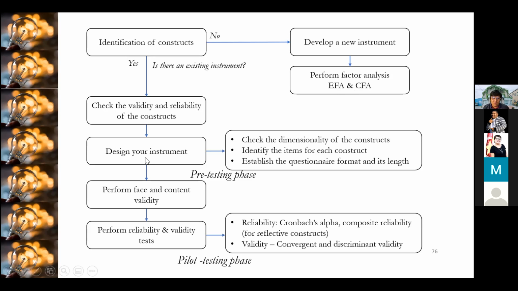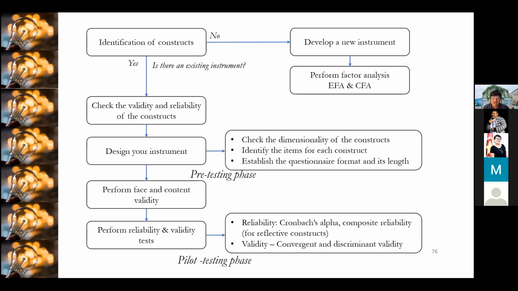Okay, from there, you can start designing your instrument by considering the dimensionality of the construct, checking the items of each construct, and establishing the formats and lengths of our research instruments. Then, of course, once you finish designing your instrument, you need to perform face and content validity so that we can be assured that all items were identified properly.